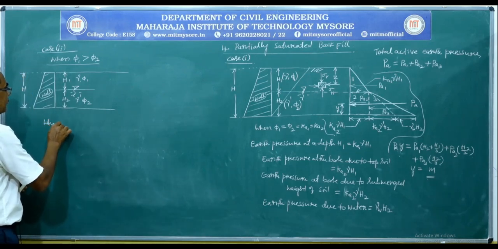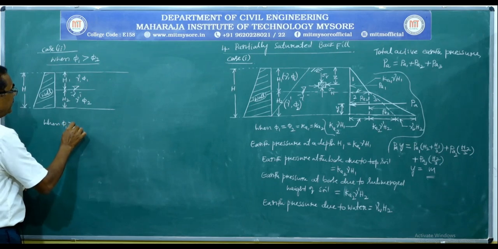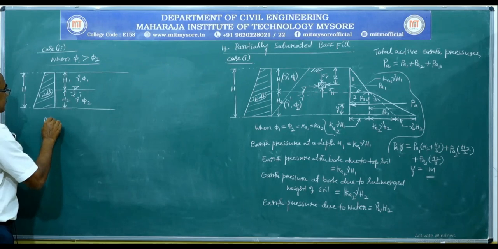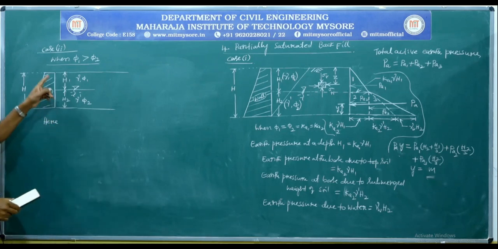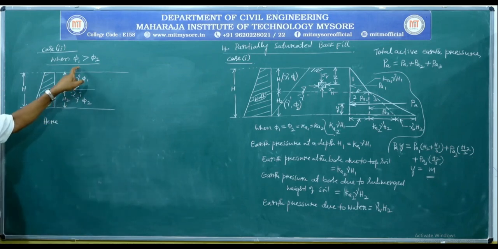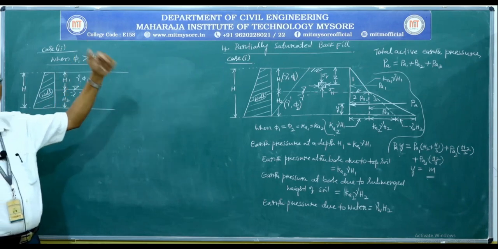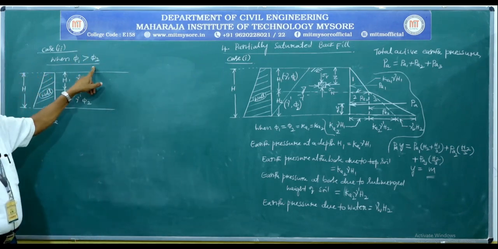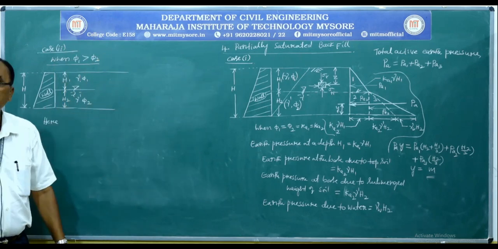When phi 1 is greater than phi 2, as Ka depends on the phi value, the angle of internal friction: the higher the angle of internal friction, the lower the Ka, and the lower the angle of friction, the higher the Ka.